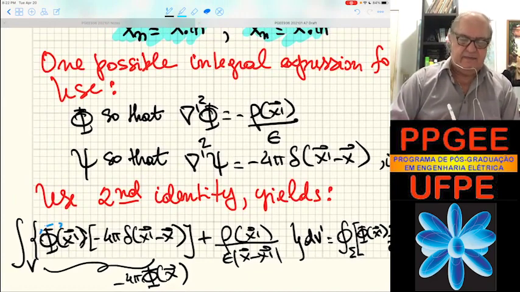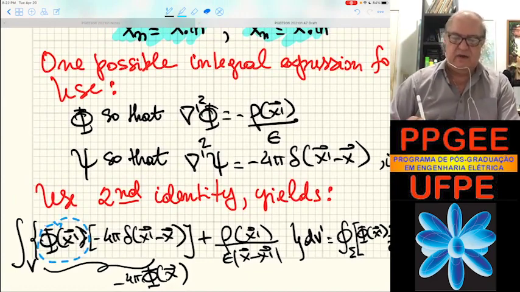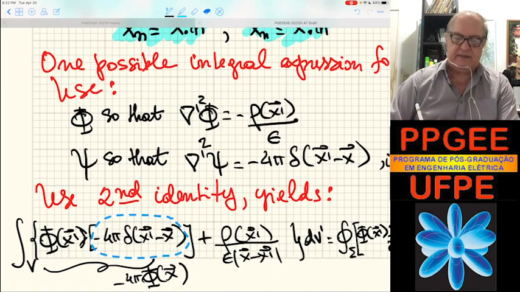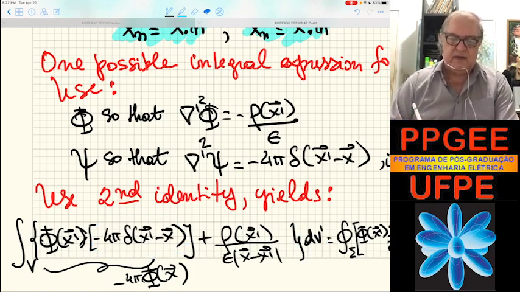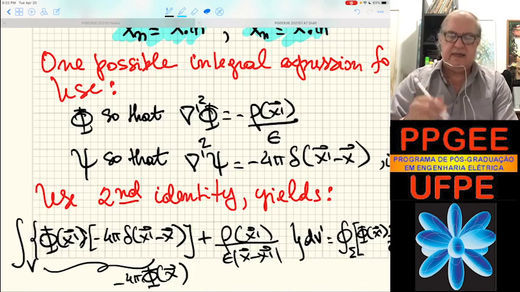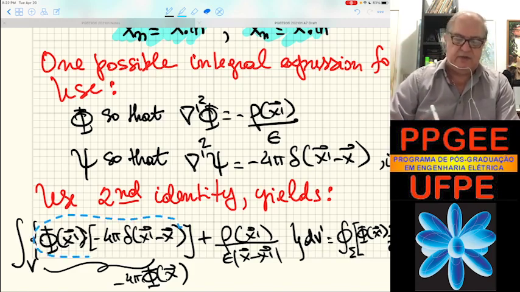Phi, Laplacian of the inverse function is minus 4 pi delta, x prime minus x. Integration variable is x prime, so obviously this is going to be in the whole space. So the result is going to be minus 4 pi phi of x.